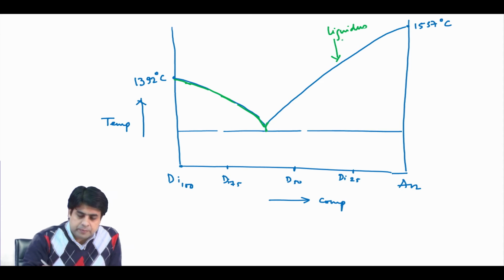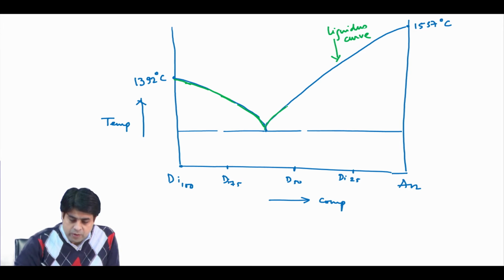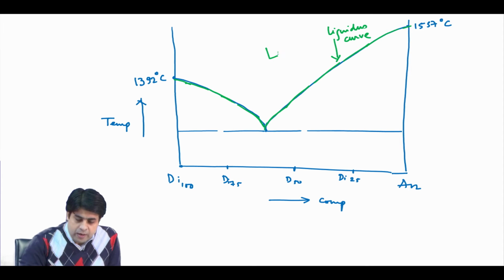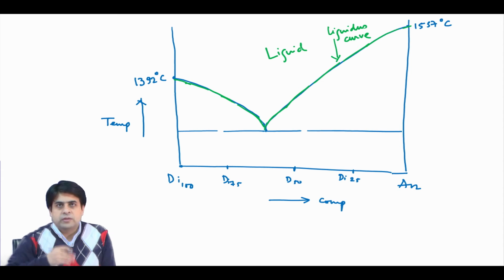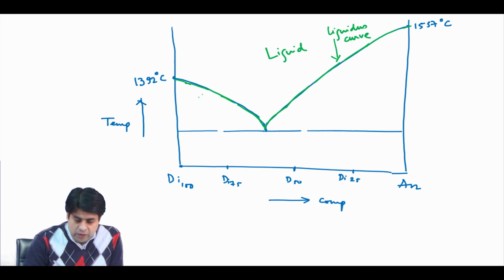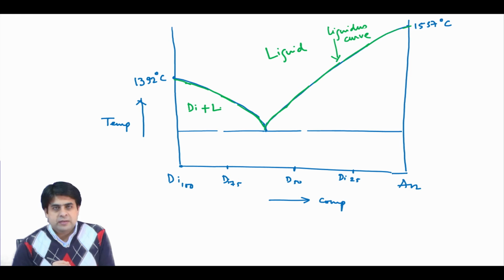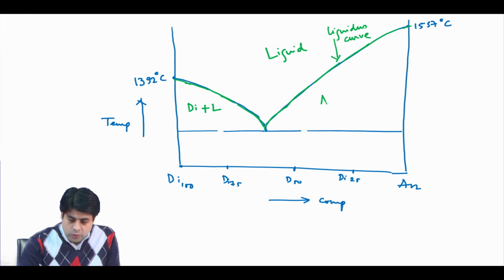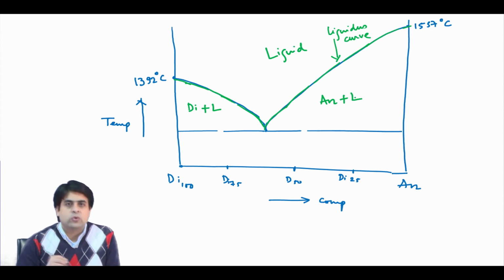Above this curve, you will have only liquid. There will be no solid above this curve. Just below this curve, on this side your diopside plus liquid will coexist, and on this side your anorthite plus liquid will coexist.